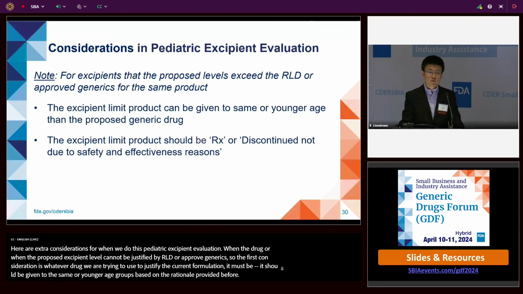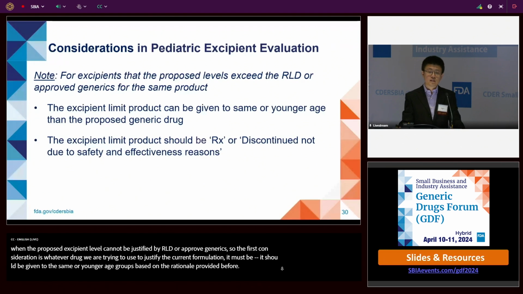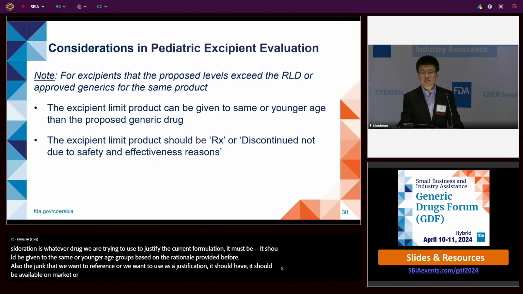And the drug we want to reference as a justification should be available on the market, or at the bottom, at least it should be discontinued not due to safety or effectiveness reasons.